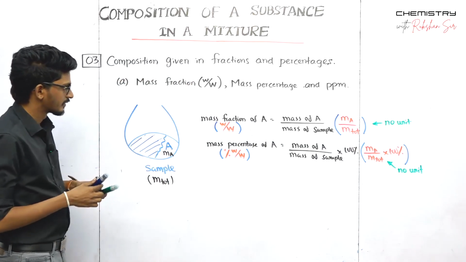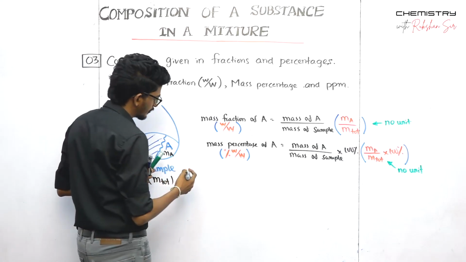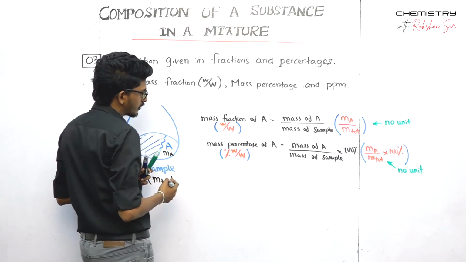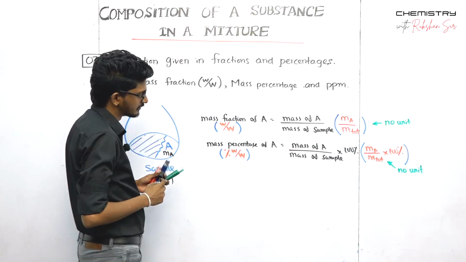Then we will come up with a new term referred to as ppm. That is actually the mass fraction into million.